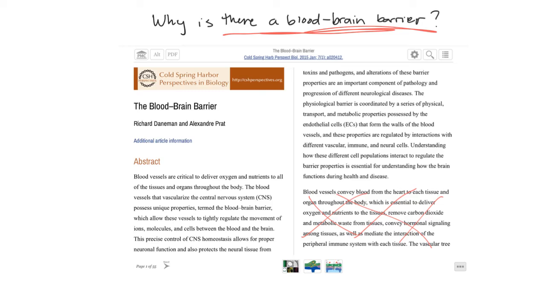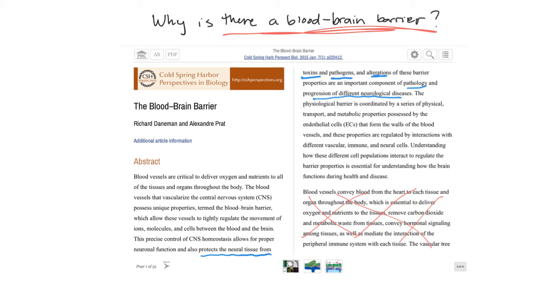Okay, exactly. So we value our brain tissue more than we do the rest of our body. We protect our neural tissue more than we do the other parts of our body. So we are going to filter and create a second system to keep out, like it says, toxins, pathogens, and alterations of barrier properties that are an important component of pathology and progression of different neurological diseases.